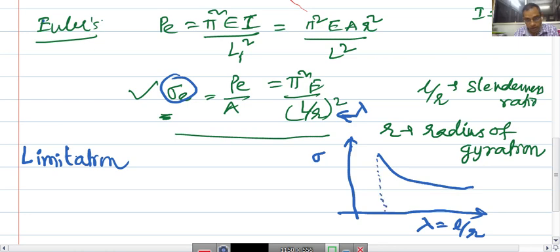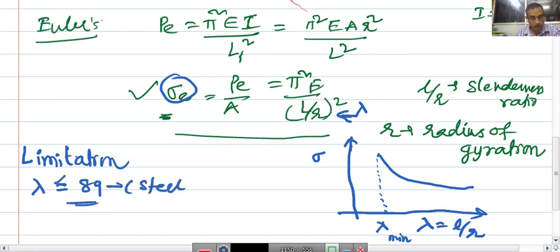So, this point will be my lambda minimum, right. Less than that, my column is going to yield, right. So, that means this formula does not work. Let us say lambda is equal to 89. Anything less than lambda 89 for a steel of Fy equal to 250 Newton per millimeter square, this formula will not work.